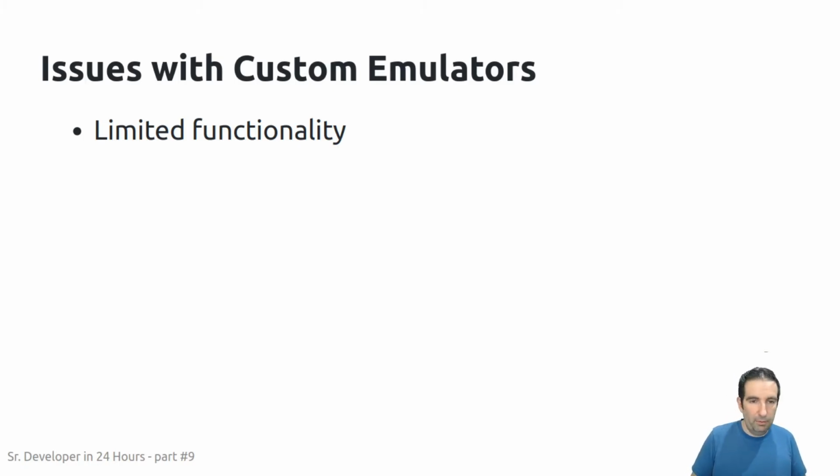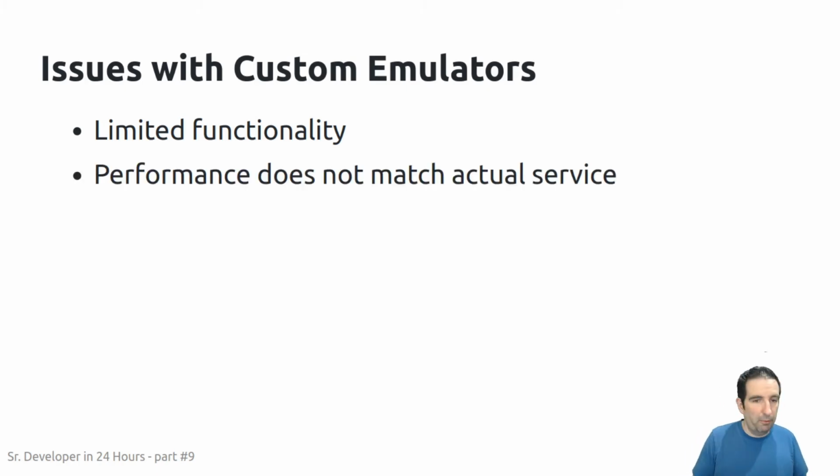So for example, the emulator for Cloud Spanner is going to have more limited functionality than the real Cloud Spanner, whereas a local MySQL tends to be a lot closer to the actual MySQL that you're going to have in production. Performance will not match the actual service. They have very different performance profiles, so we also have to be aware of that.